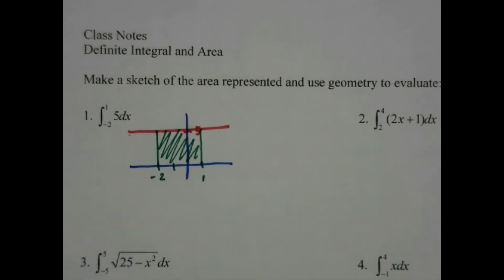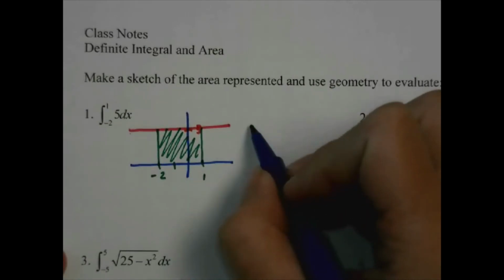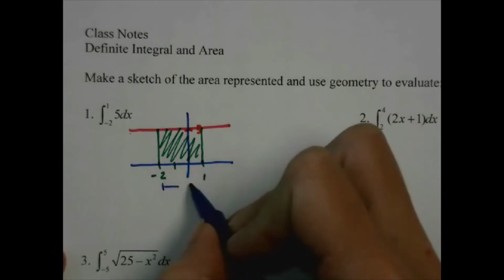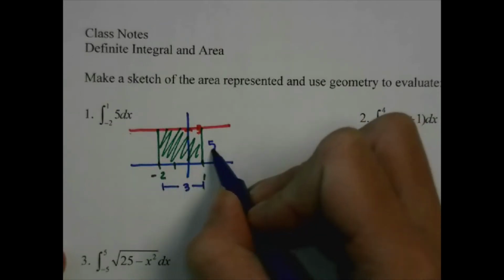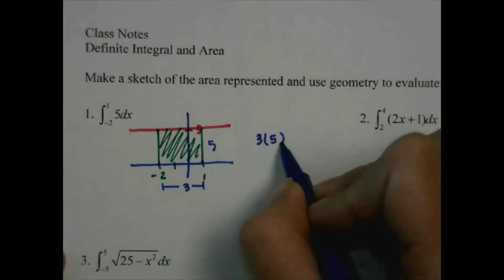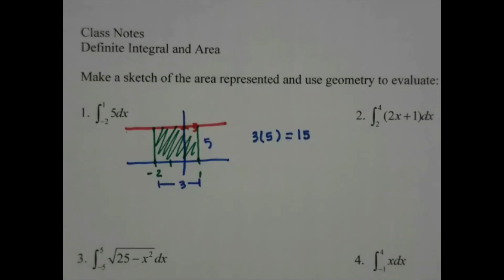This is going to be the definite integral. So we'll multiply the width times the height. So this is 3, this is 5. So this area is going to be 3 times 5. So the integral is going to be 15.